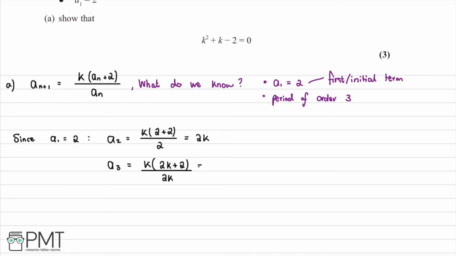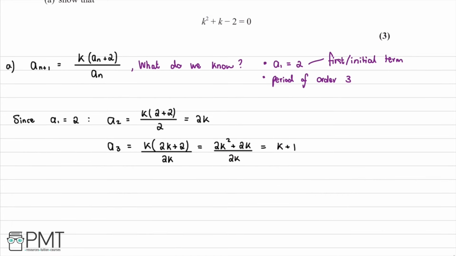We simplify this and we have 2k squared plus 2k, then we divide all that by 2k. If we divide everything by 2k, this leaves us with k plus 1, because everything cancels out. The 2k and 2k cancel, which leaves us with 1. And then the 2k squared cancels with the 2k, which leaves us with k.